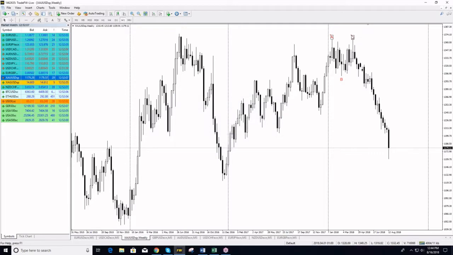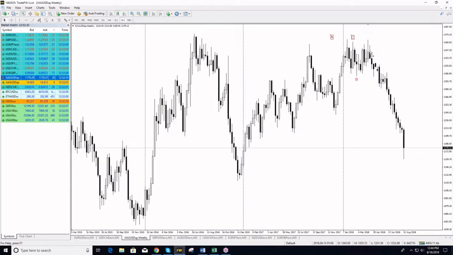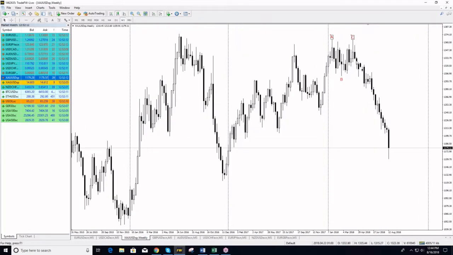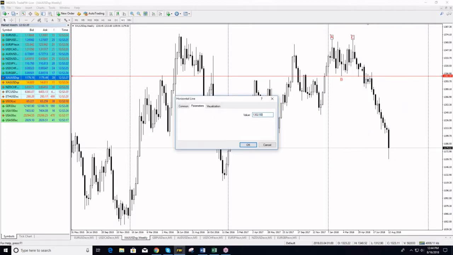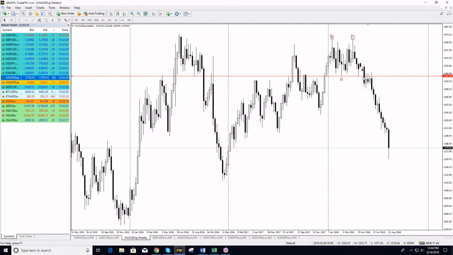And the confirmation point for this double top pattern was here, 1,302.50, guys. So as soon as we saw a close below that level on a closing basis, which occurred here, this means that the trend reversal pattern has been completed and a new bear market is starting.